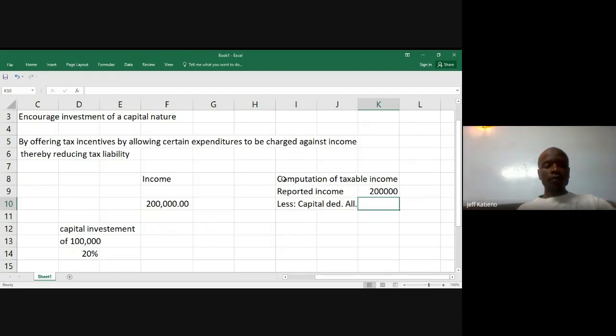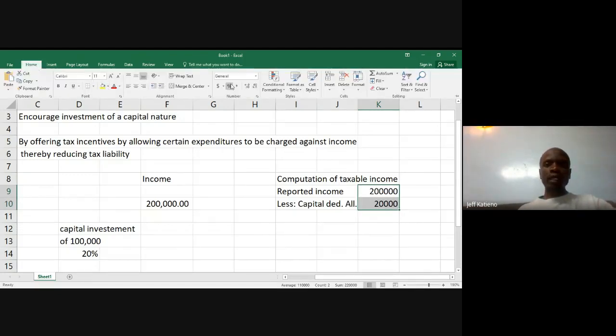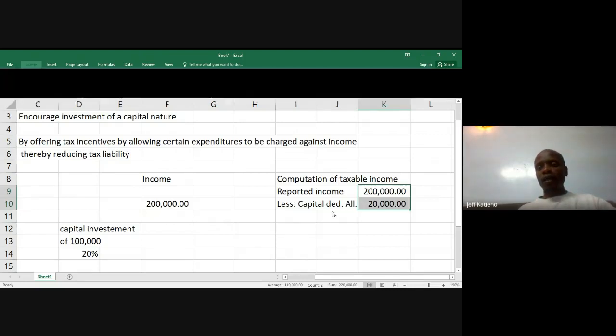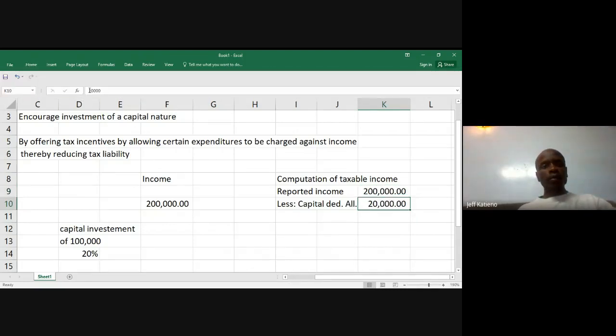So this is 20% of the 100,000 which you invested, which is 20,000. So what you will be taxed on, your taxable income, will be 180,000. This is how the incentive works.